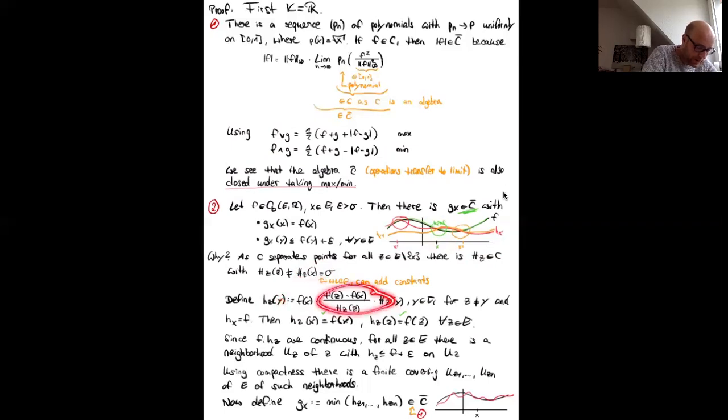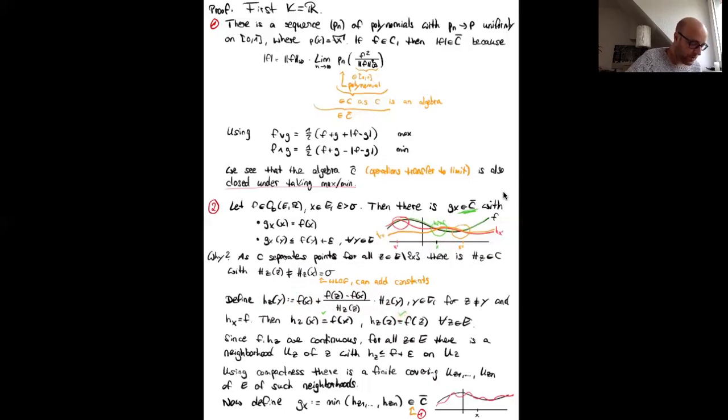So that term is 0, so I get f of x. Okay, that's fine. So if I plug in z, then I have f of z minus f of z, so this is 0. So the second summand is 0, so h of z is f of z. Okay, so these two properties hold.